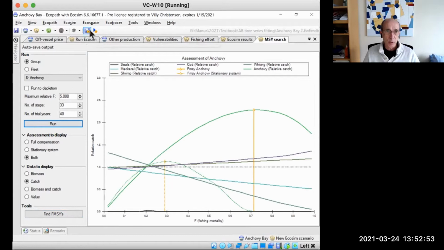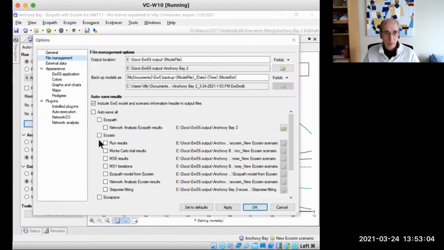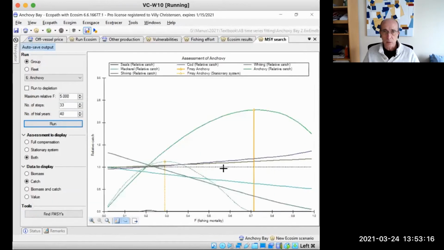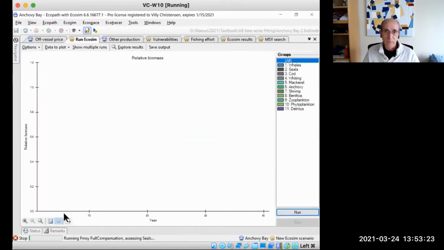Before I use that one, I'm going to go up to the floppy disk up here, Configure which EwE components can automatically save results to file. So I'm clicking that, and then I'm going in here and say MSY iterations on the autosave is going to have this effect. And run it. And then later on I'm going to go and say, where did I store this information? And you'll see that. So I'm just going to run this now.